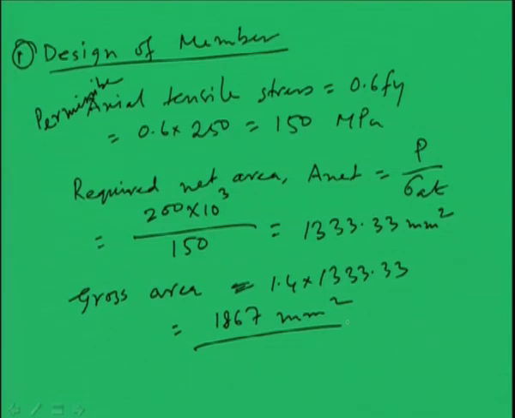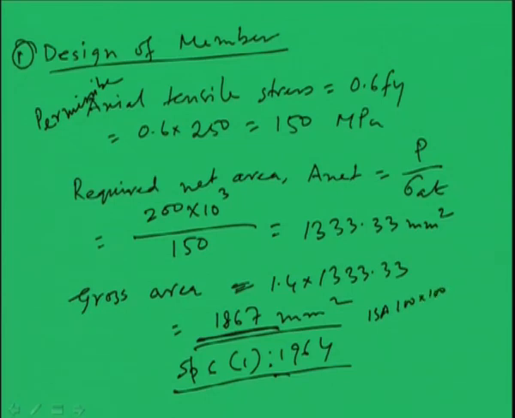Now what we will do? Now we will go through the table given in SP6, the handbook 1964, where the properties of angle sections and other sections are given. From there we will find out a suitable section. We need the gross area as this. If we go through the angle section table, we will see that if we use ISA 100 by 100 by 10, then we get more or less nearer to that area of 1867.